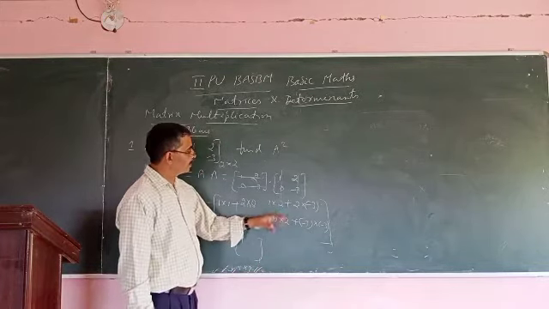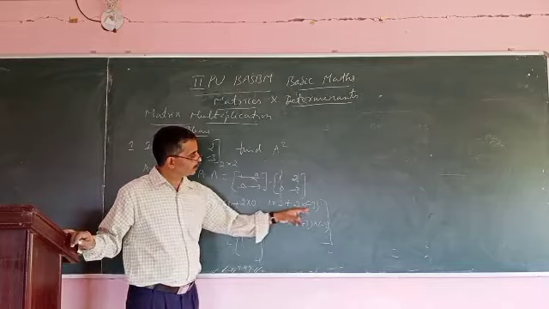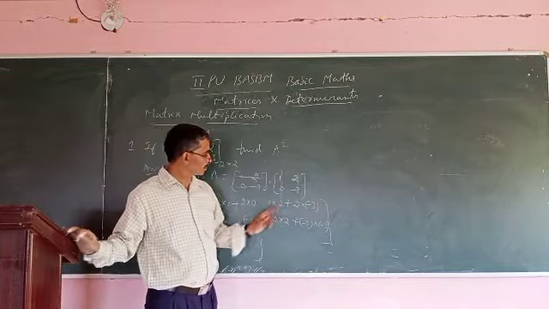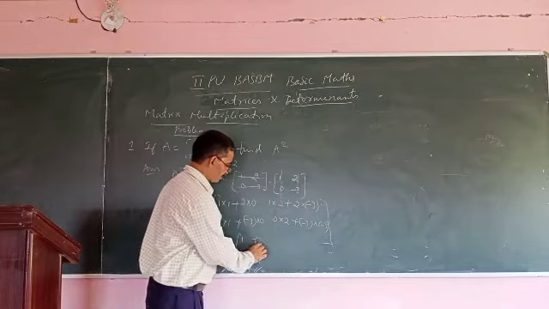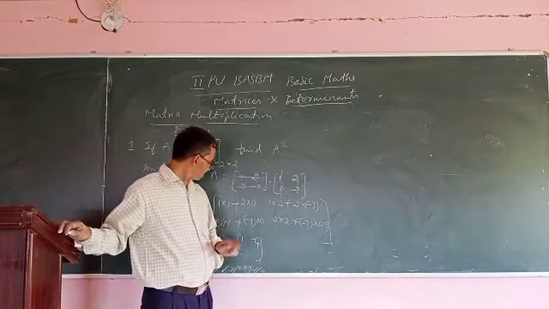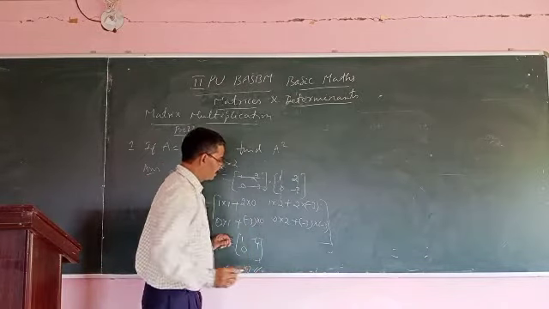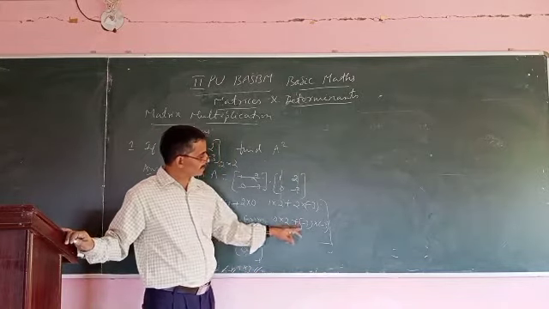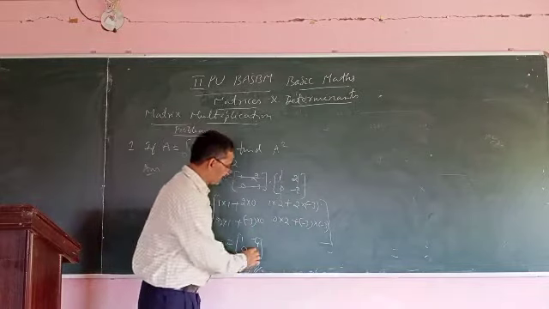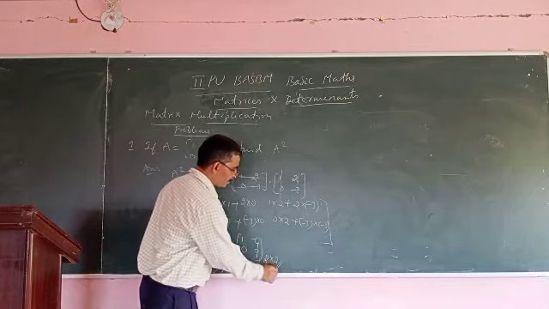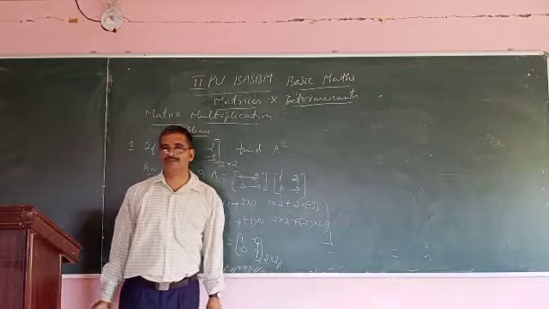Second one, 1 into 2 is 2, 2 into minus 3 is minus 6, minus 6 plus 2 is minus 4. Next, 0 into 1 is 0. Next, 0 into 2 is 0, minus 3 into minus 3 is plus 9. This is the required matrix product, of order 2 by 2.